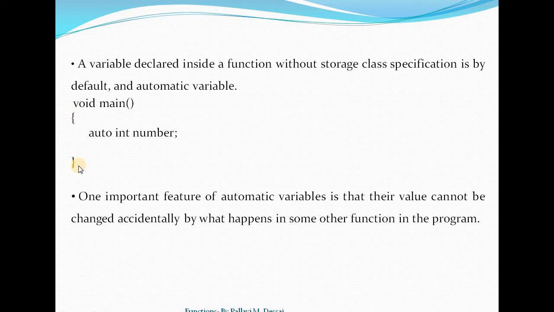So if we make any changes to this variable in this particular area of the program, it will change. But if you accidentally change it outside these curly brackets, nothing will happen to the value of this particular variable. The keyword for automatic storage class is auto, as you can see over here. This is all about the automatic variable storage class.